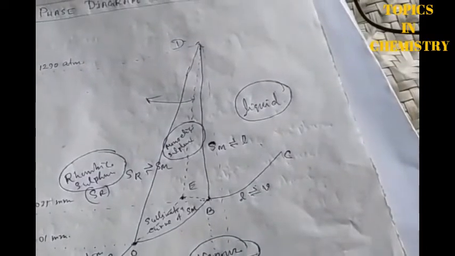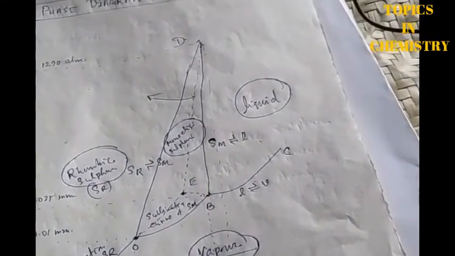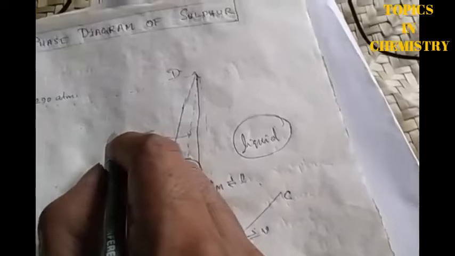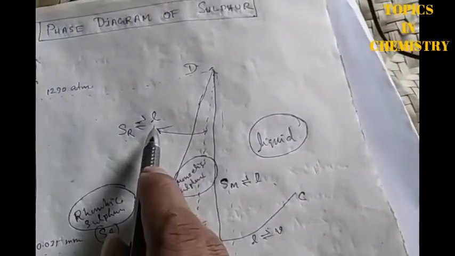Actually here the dotted line is another metastable equilibrium, where solid rhombic sulphur, SR, is in equilibrium with liquid.